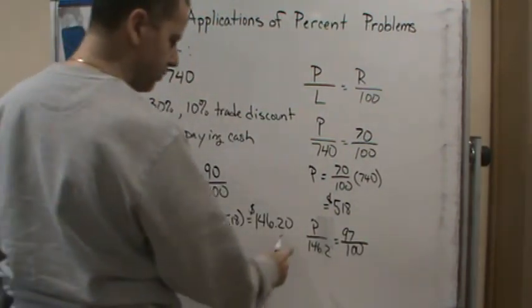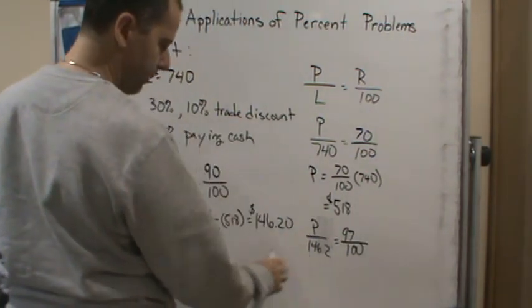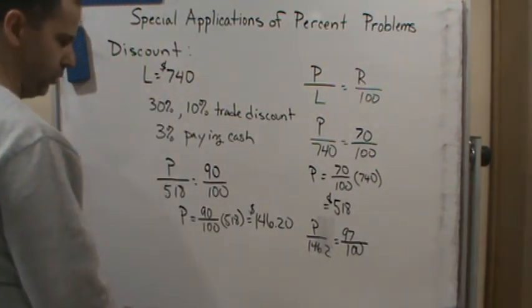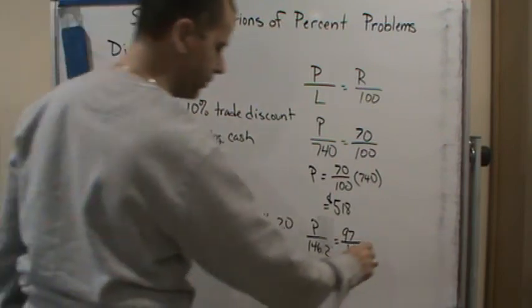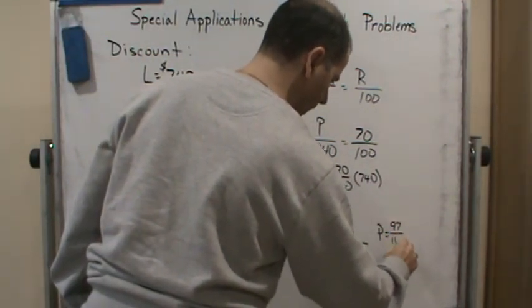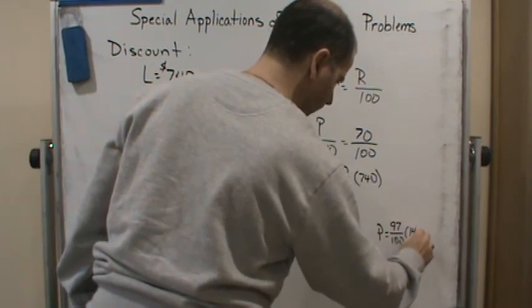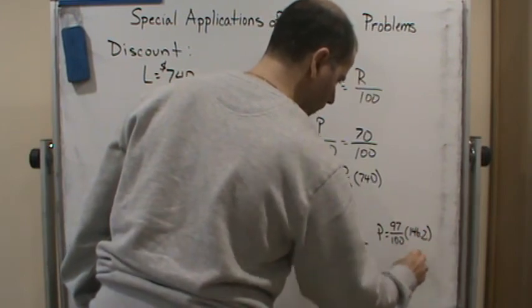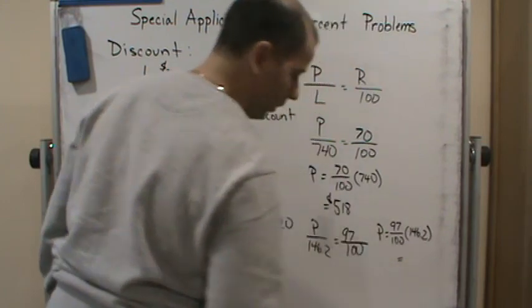And so now this will be my final price. I'm going to multiply both sides by 466.2, so P equals 97 over 100 times 466.2.